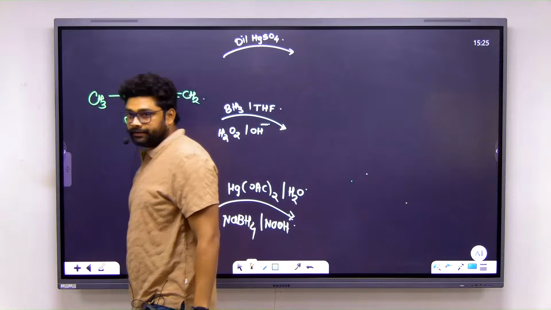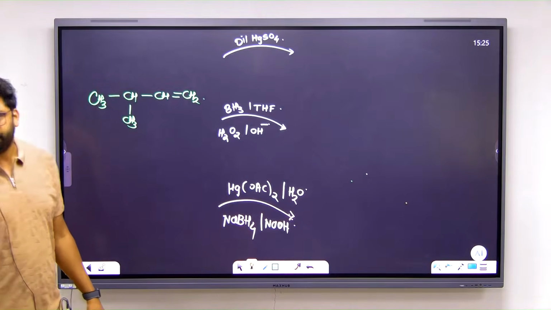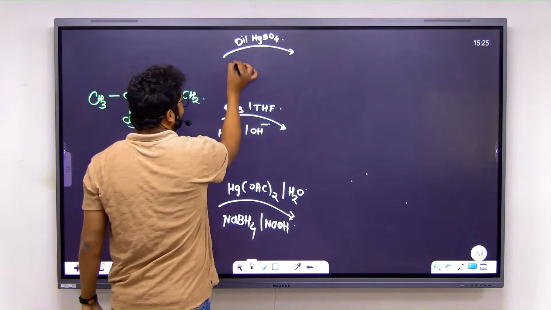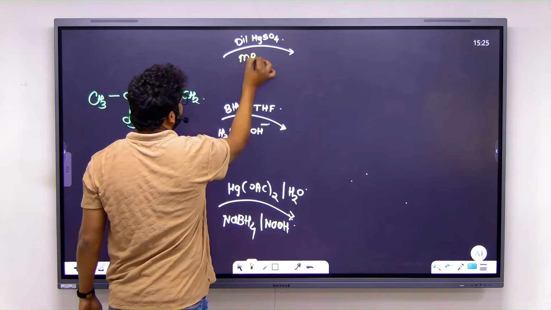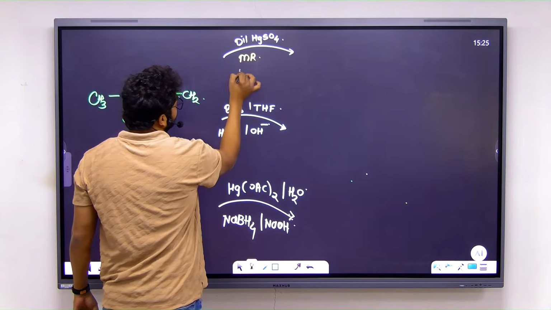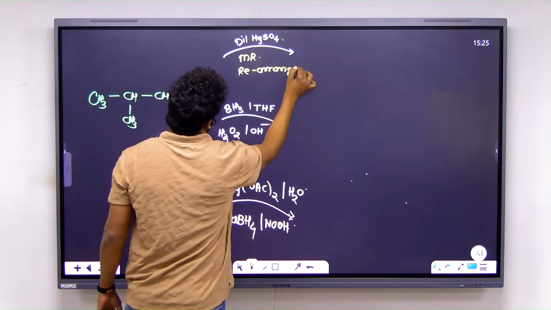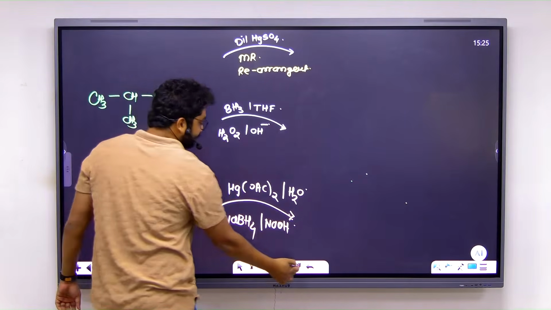Okay, tell the first example, Rahul. Markovnikov's or anti-Markovnikov's? Yes, Markovnikov's, rearrangement or without? Yes, there is a rearrangement. And what type of rearrangement are you looking for?